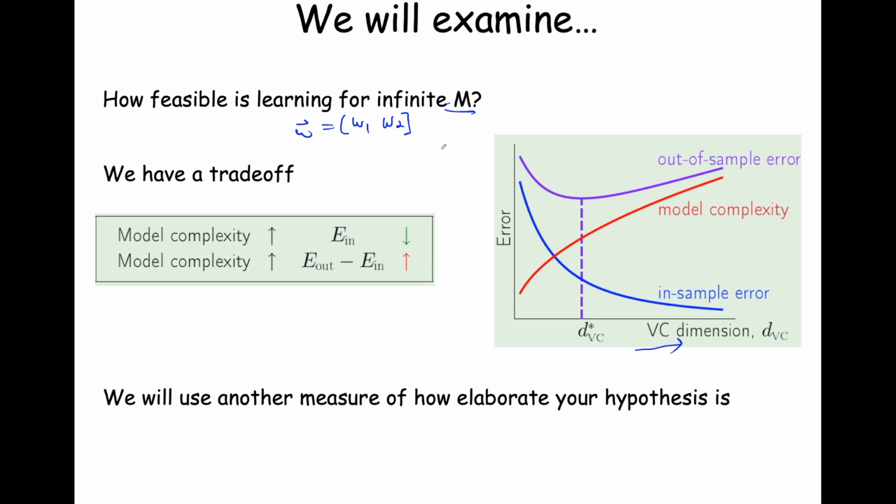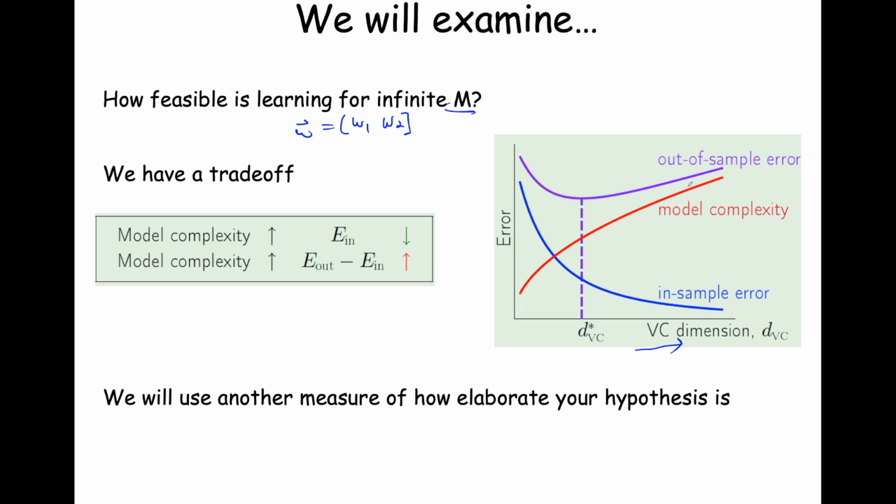Now, if we make the complexity bigger, we see there's a relationship between in-sample error and out-of-sample error. In-sample error is going to decrease. Out-of-sample error will start to decrease because in-sample error tracks with out-of-sample error. But if we go too far with complexity, out-of-sample error starts to diverge. We'll learn about what that point is called when we talk about overfitting.